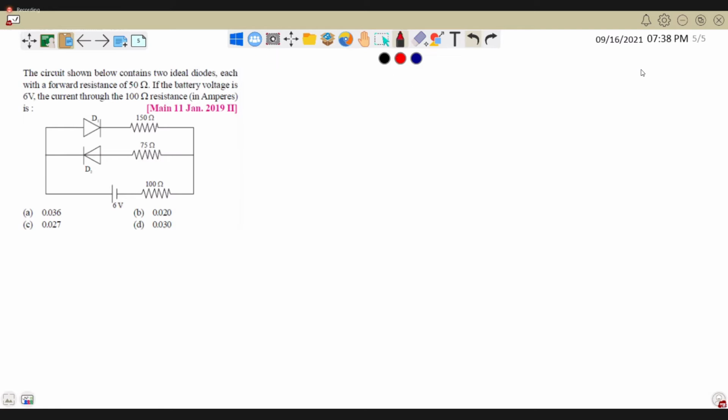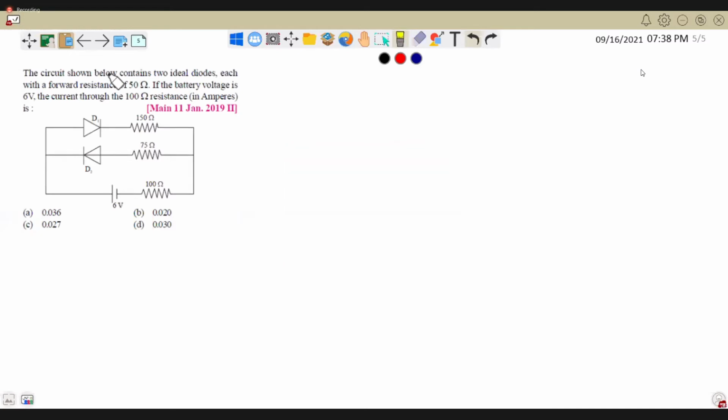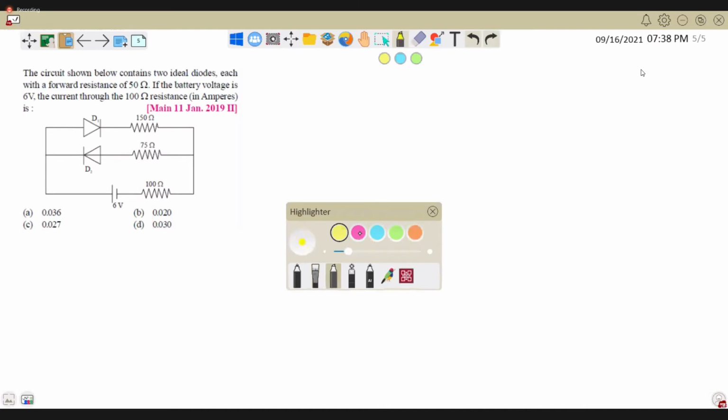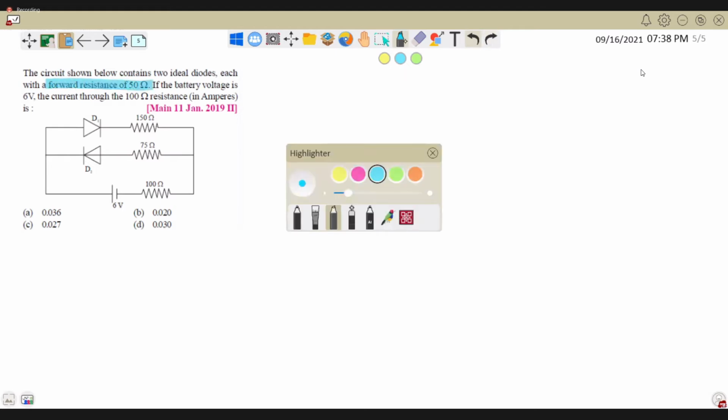You have to read your question properly. He has clearly given forward resistance of 50 ohms. Correct? Yes, sir.